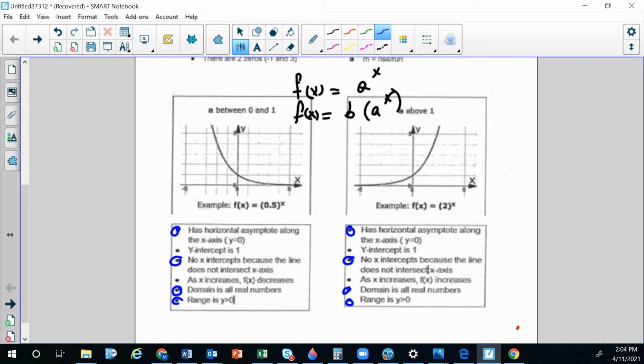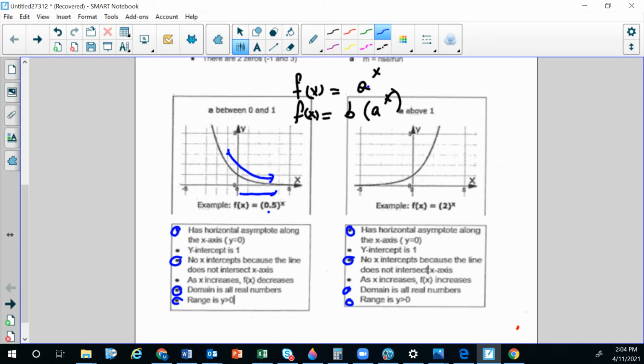Now, in the graphs here, as x increases on the left graph right here, if you notice, the graph decreases. The graph decreases, right? And that's for when the a value is between 0 and 1, when a is a fraction.